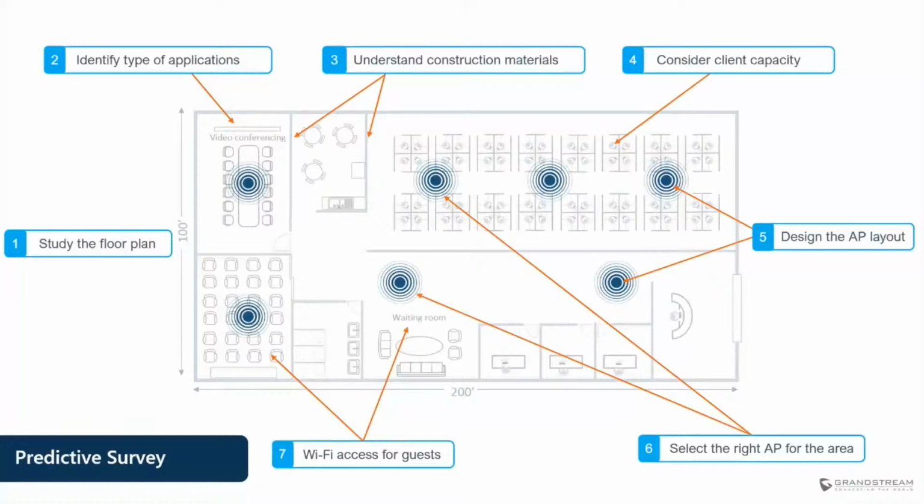Lastly, is to know if guest Wi-Fi access is required. So we can create an additional SSID for those, and then we can deploy the units or devices in waiting rooms and training rooms.